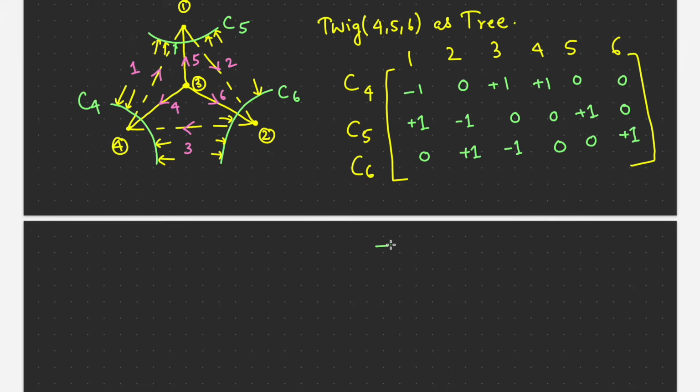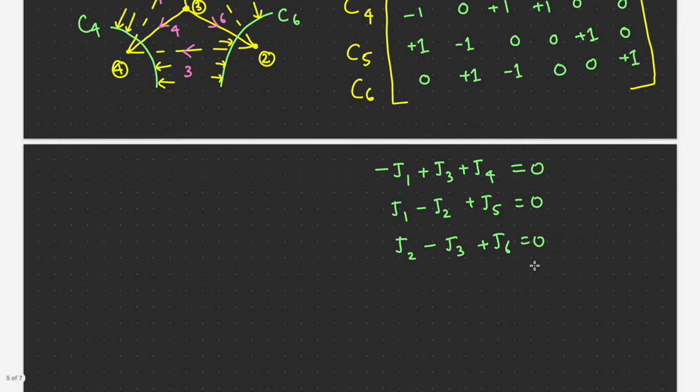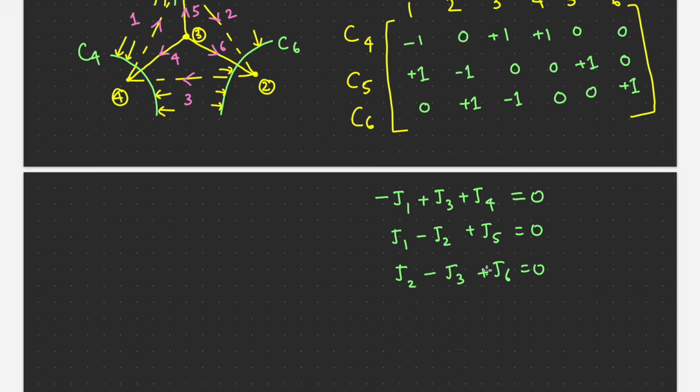The first row gives us -J1 + J3 + J4 = 0. The second row gives us J1 - J2 + J5 = 0, and the third row will give J2 - J3 + J6 = 0. These equations we are going to solve for calculating the nodal voltage.